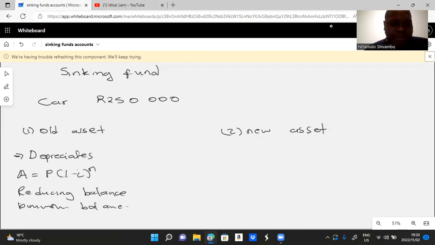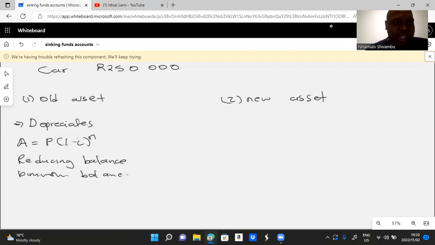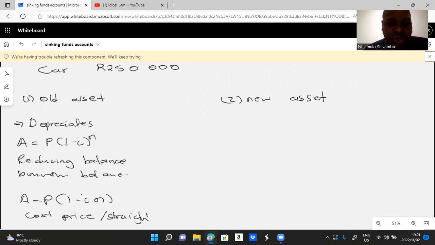And then sometimes they can say it depreciates on the straight line method. So when it depreciates on the straight line method, we use A = P(1 - i × n). So this one is when it's depreciating at cost price, or what they call the straight line method. So that's what I want you to know, that every time the old asset will always lose value, or it will depreciate.